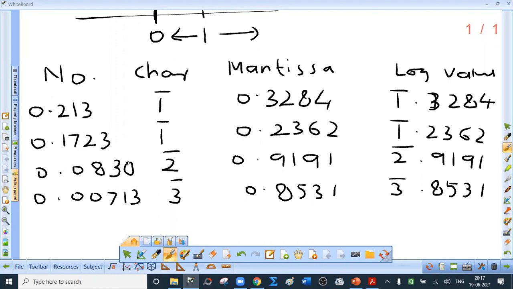I can. That's it. So that number is 0.9191. So what is the log value? Bar 2.9191. Here, bar 3, find the number which is in row 71 and column 3, it is 8531. So what is the log value? Bar 3.8531. I hope this is clear to you.